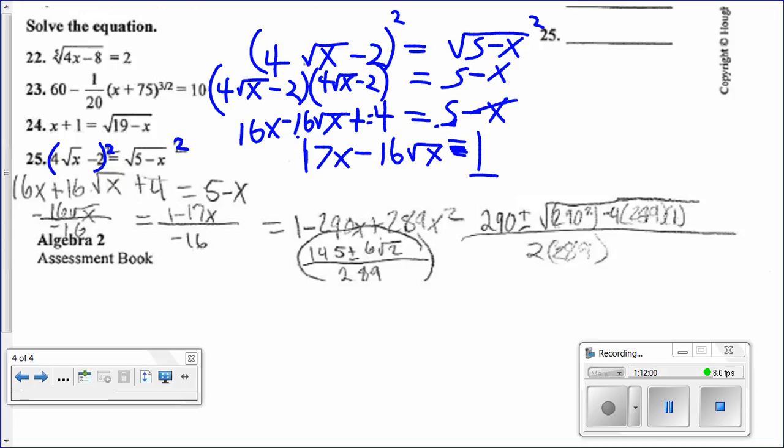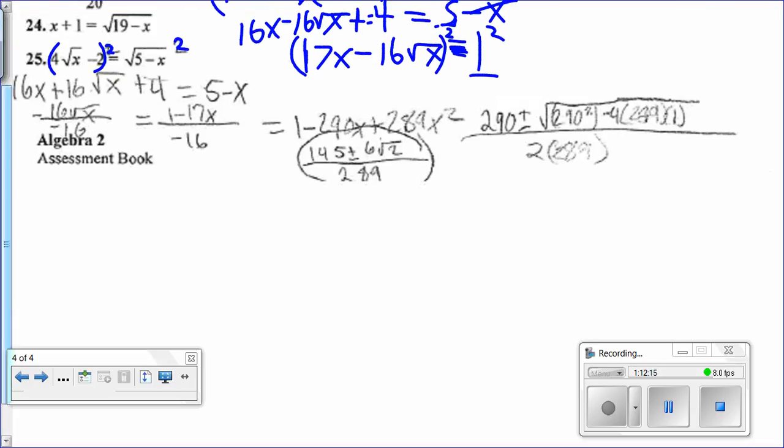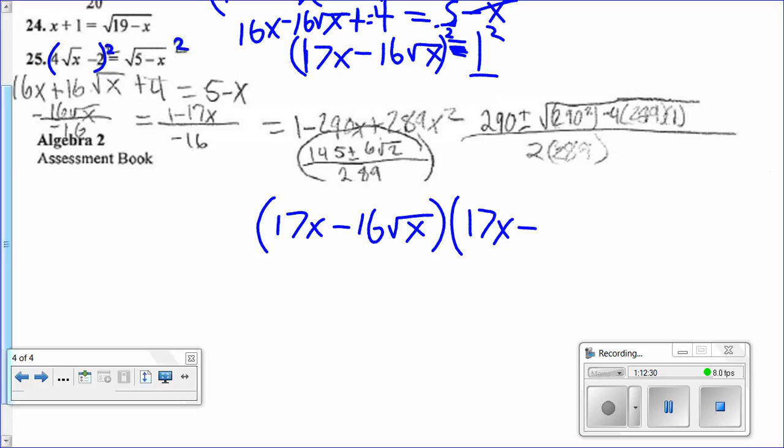So what I'm going to do is square both sides. So 1 squared is 1, obviously. But we'll go ahead and FOIL 17x minus 16 square root of x. We know it all equals 1. So let's FOIL it out. 17 times 17, we got 289x squared.